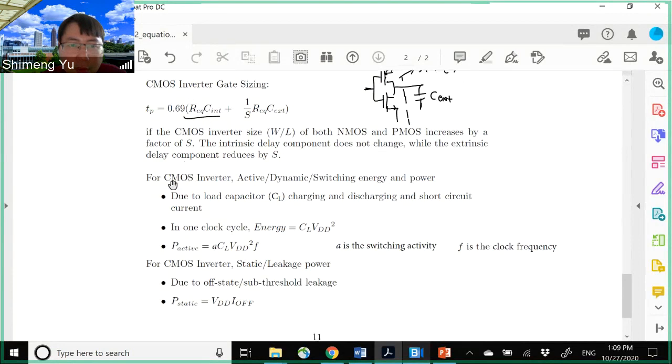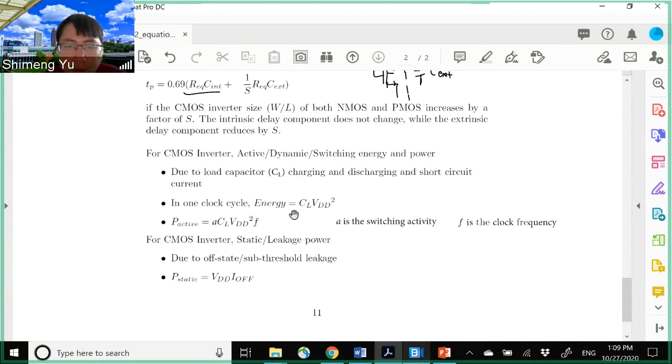And then CMOS inverter, the energy and power. First, the active, dynamic, or switching energy and power. As we discussed, the energy in one clock cycle is C VDD squared. And then the dynamic power is alpha C VDD squared times F. Alpha is the switching activity, and F is the clock frequency.